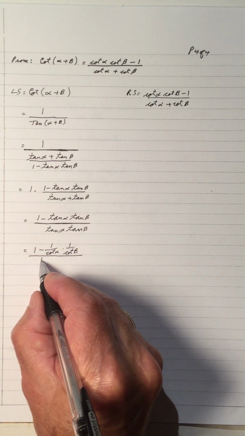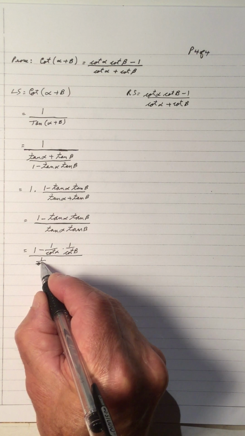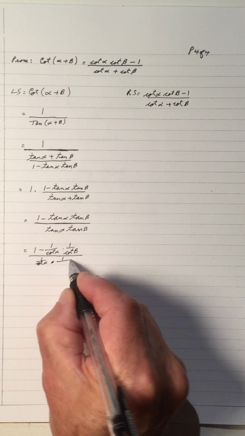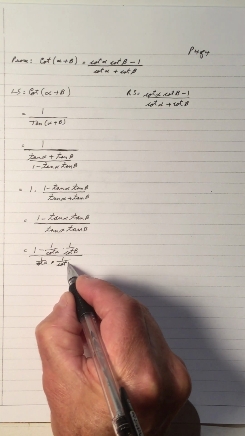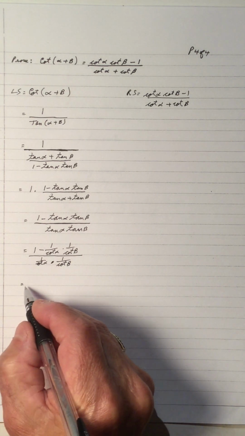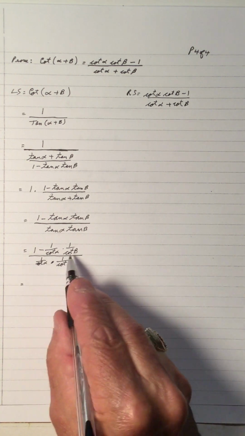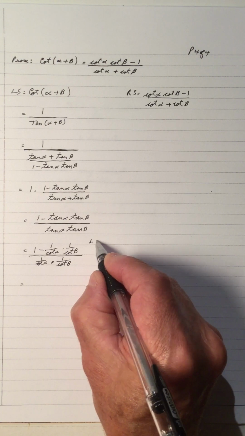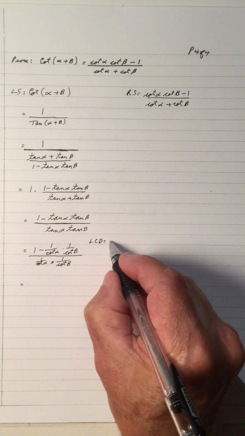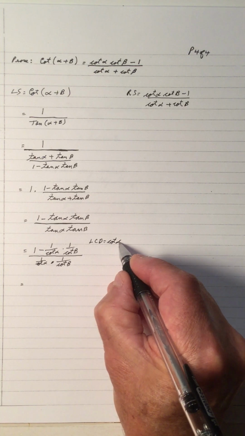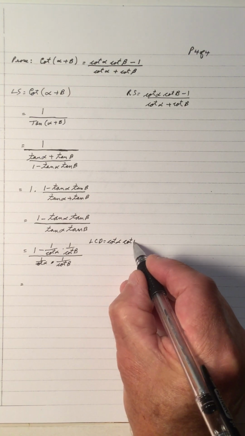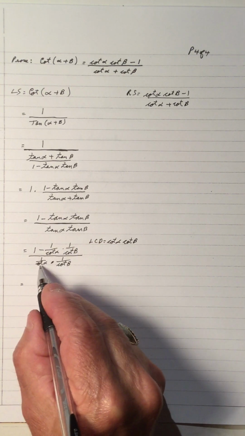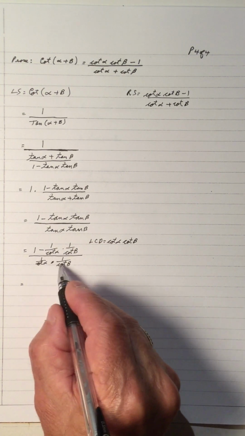And tan alpha is 1 over cot alpha, times 1 over cot beta. So now that means we have a complex fraction. So the LCD is cot alpha cot beta. Cot alpha cot beta is on the numerator, and cot alpha cot beta is on the denominator.